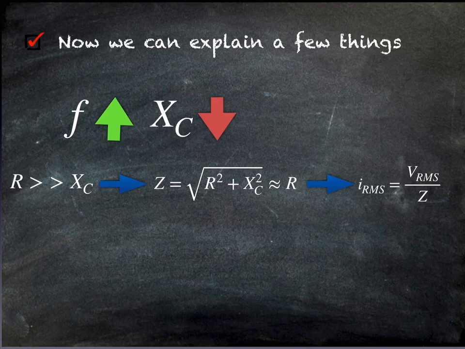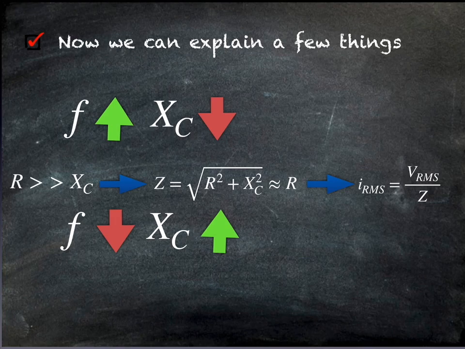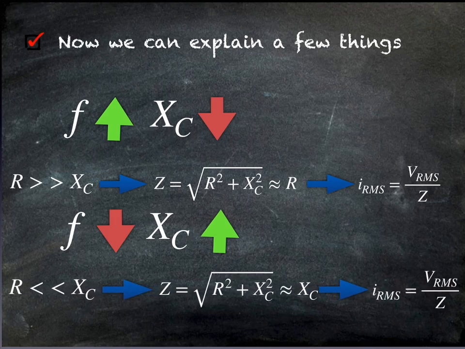In this case, we call this RC circuit a resistor-limited circuit, in that the current is controlled by the resistor. The opposite of the scenario will happen if frequency or capacitance decrease. In this case, we call the RC circuit a capacitor-limited circuit, in that the current is controlled by the capacitor. The so-called low-pass and high-pass filters are based on these aforementioned concepts.